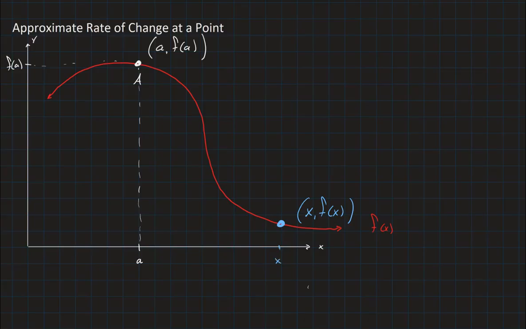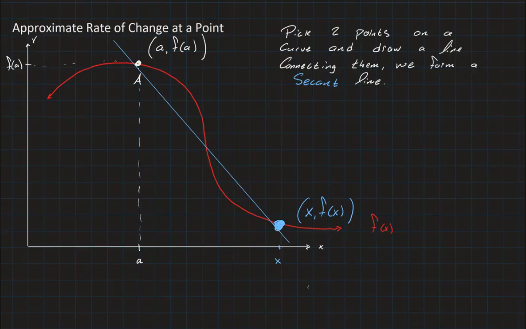And if I evaluate my function at x, I get f of x. That gives you the height of this line. And what I can do then is connect these 2 points. I can draw a line between these 2 points. Is it going to give me a nice line? Whatever. We're just going to act like that line goes through that point.